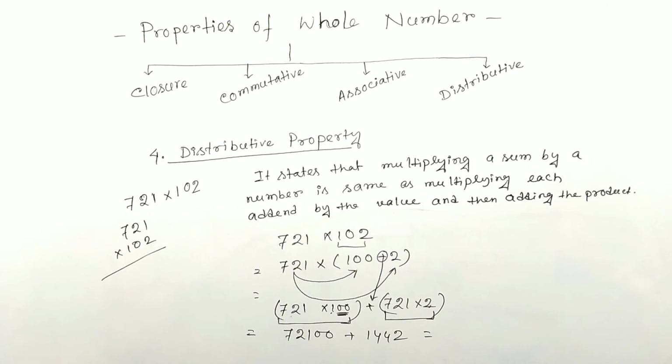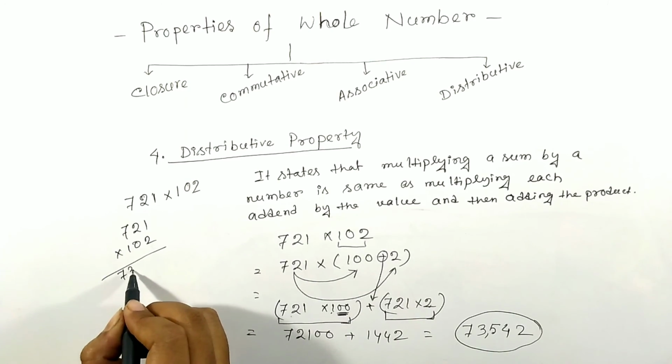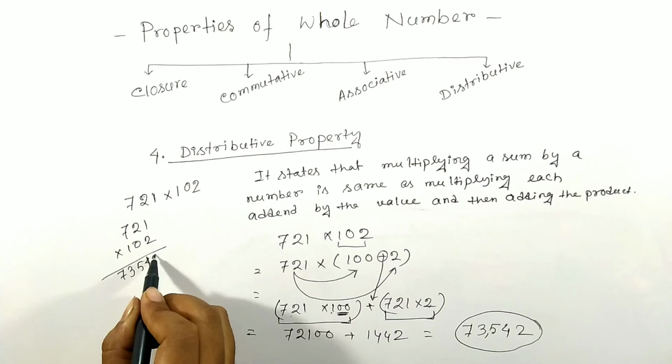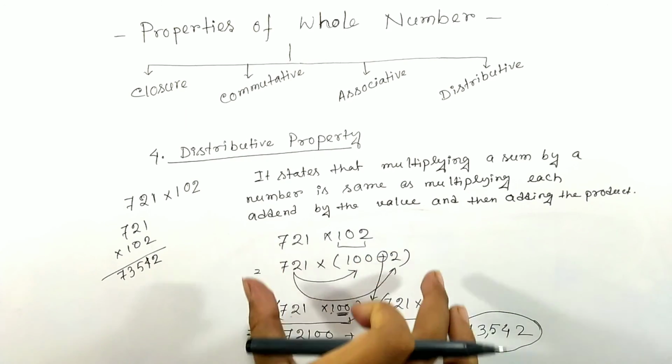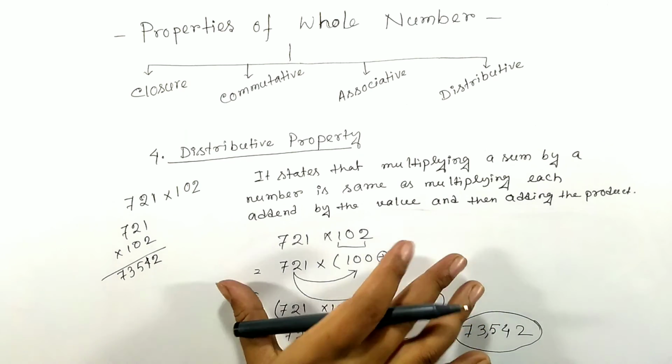Just add them together. Your sum will be 2, 4, 4 plus 1 is 5, then 4 plus 1 is 5 and 7. That is your answer, 73542. If you multiply in the traditional way, you will also get 73542. But if you use the distributive property, it becomes easier.